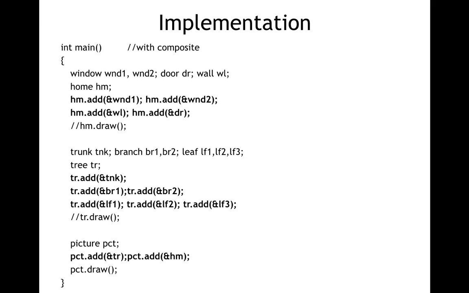And in the end, in picture you add the objects of tree and home, and you just call draw on your picture. What it will do is the picture's draw would call draw on home as well as tree, and in home's draw it will call draw on windows, door and wall. So this will draw your complete picture. This would help you to treat your individual objects as well as composite objects equally.